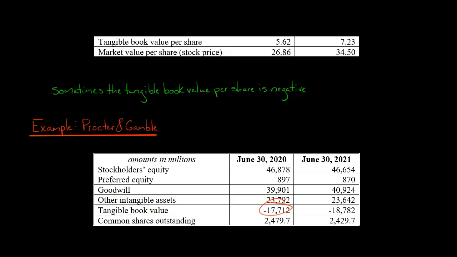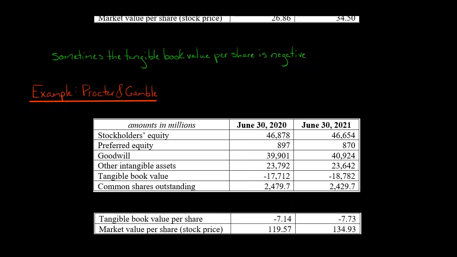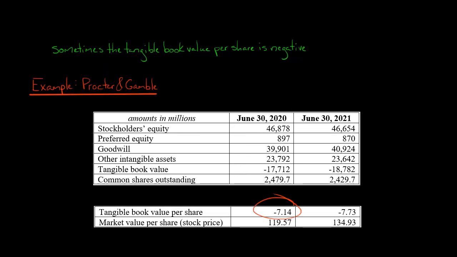It's over negative $17.712 billion. So when you divide that by common shares outstanding, you get a negative tangible book value per share. Okay, negative $7.14.